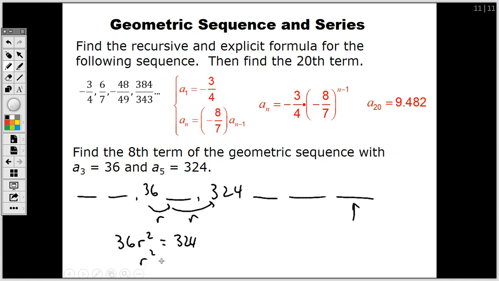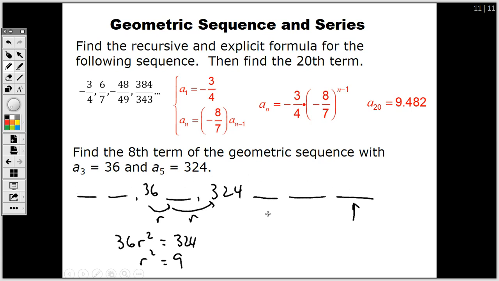So r squared equals 9, and r could be plus or minus 3. I have to have two different solutions depending on where I end up, right? Because the eighth term is an even term, it could be positive or negative.